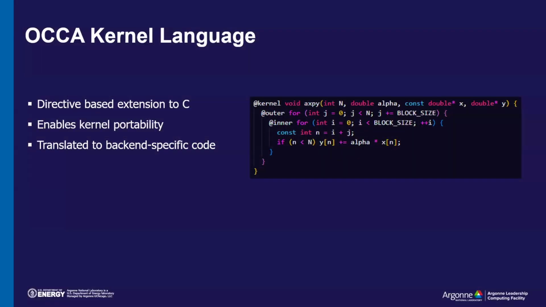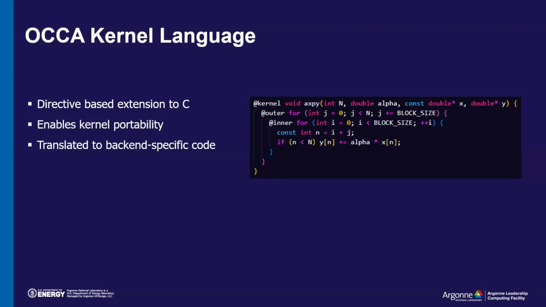All right, so sorry, we're kind of flying through this a bit, but what is this OCCA kernel language? It looks a little bit like something like Julia or Python. But similar to OpenMP, we're just going to decorate our kernel functions and our for loops.